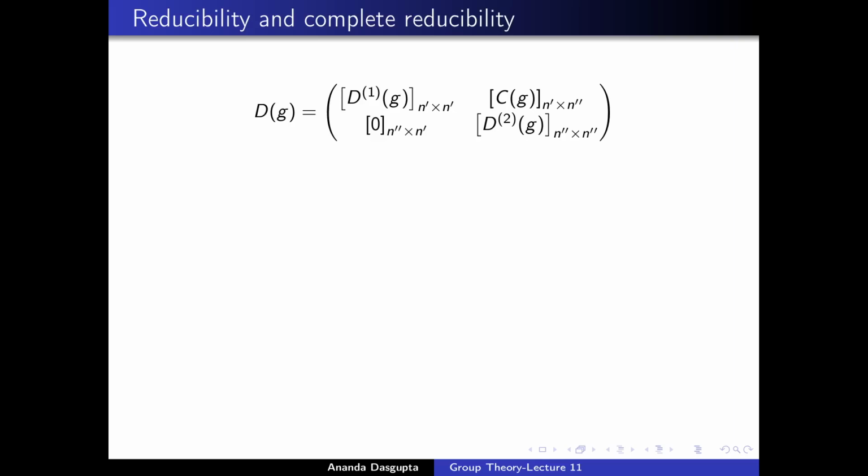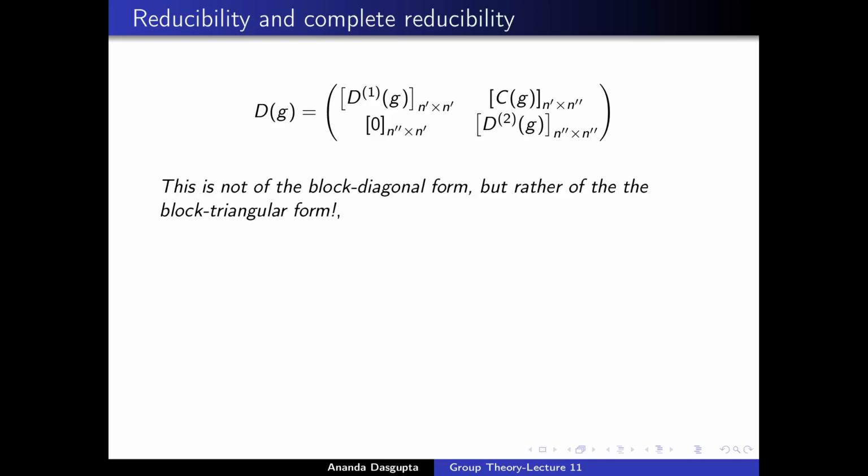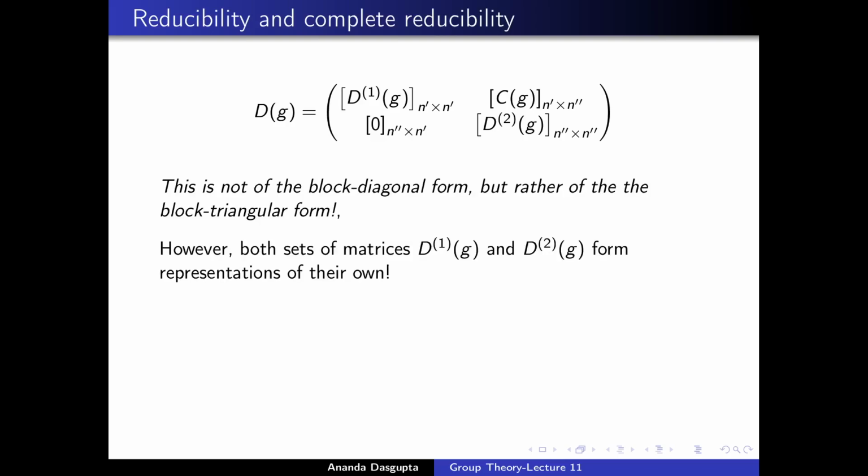It so happens that these square submatrices, D1 of G and D2 of G, of dimensionalities n prime and n double prime respectively, will actually be representations of the group themselves in their own right.